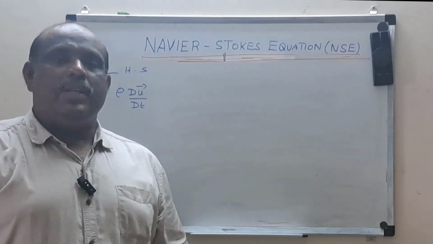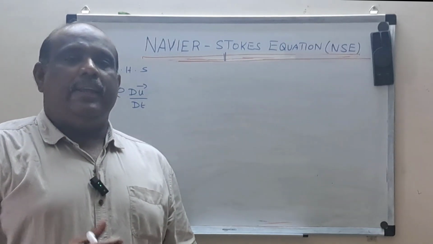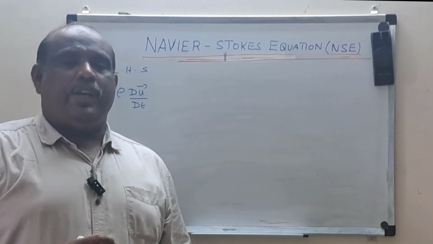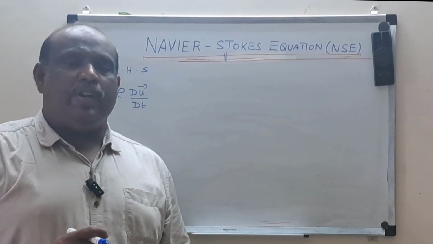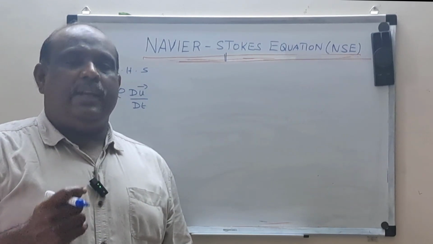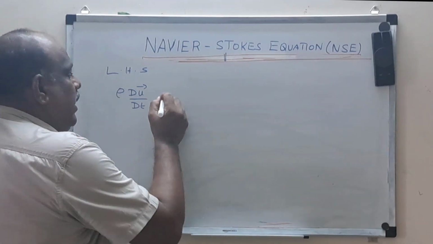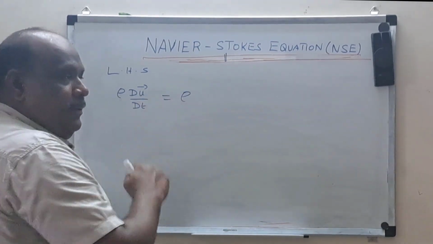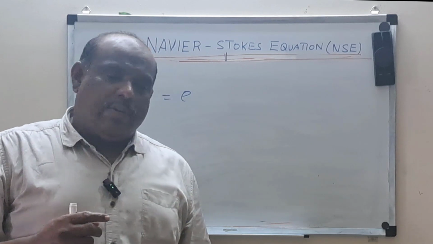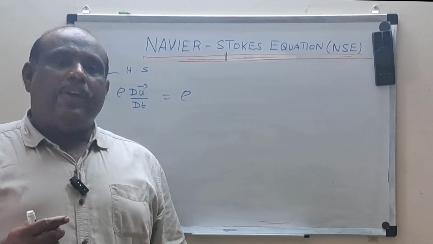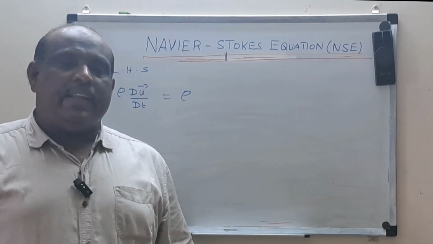Dear students, let us now continue with the LHS of the momentum equation. Now let me take the x momentum equation, and the corresponding term on the LHS is nothing but rho into du by dt. Here I want to tell what is du by dt. In the earlier session in our video, we have explained more about the substantial derivative.